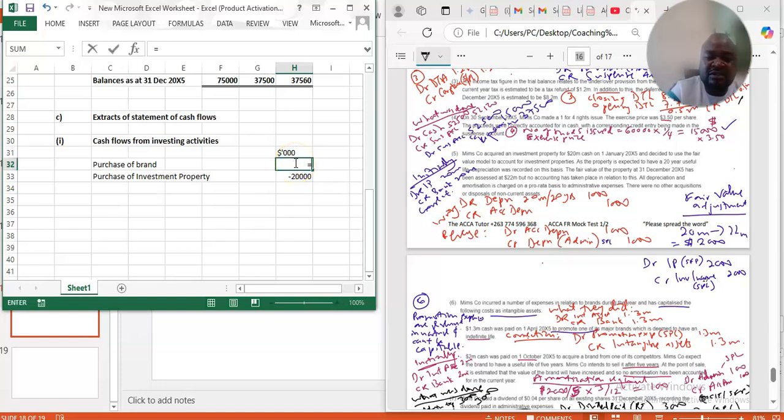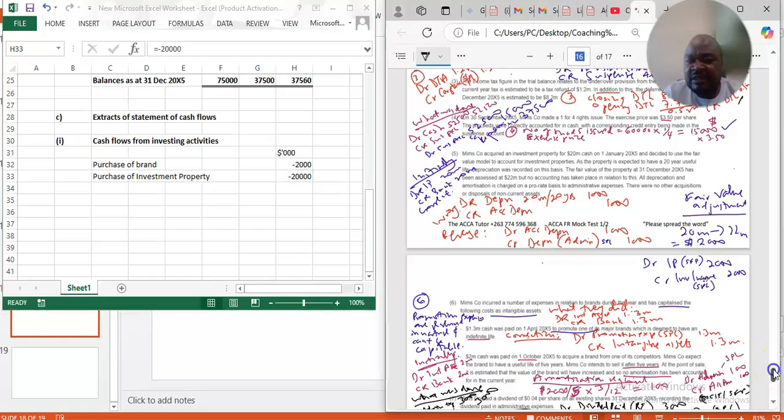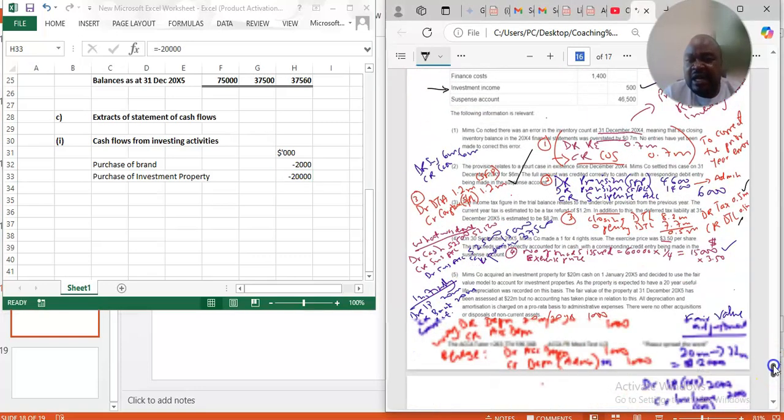The 2,000 should also be an outflow. I think those are the information relating to the procurement of assets by this company, which constitute investing activities.